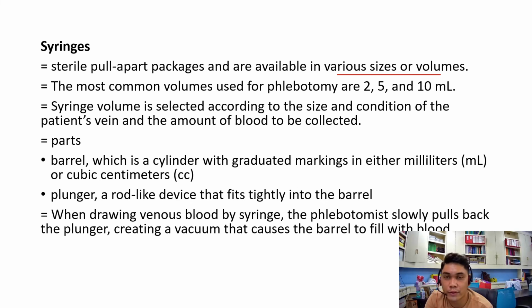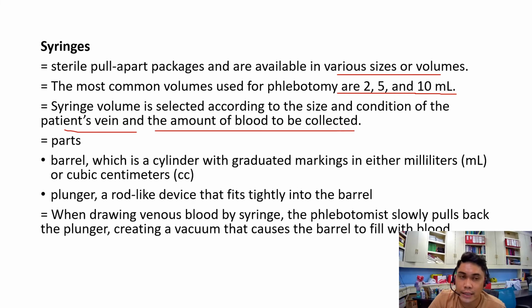The most common volumes used for phlebotomy are 2, 5, and 10 ml. Syringe volume is selected according to size and condition of the patient's vein and the amount of blood to be collected. So for example, if the patient has small veins, then use 23. If the patient has normal size vein, then use 21.